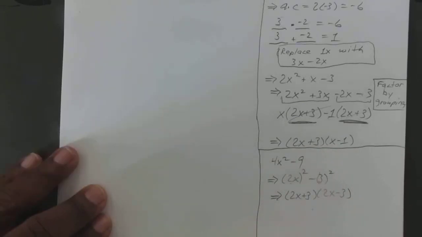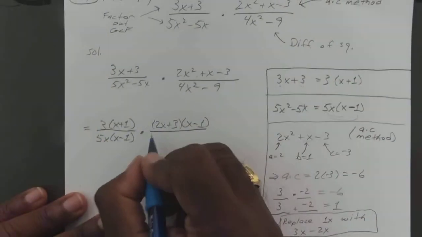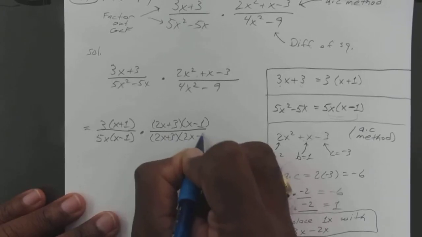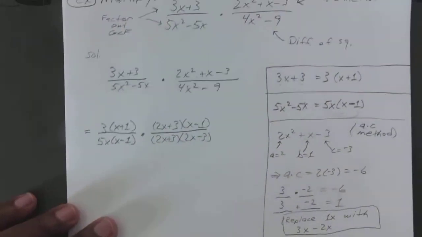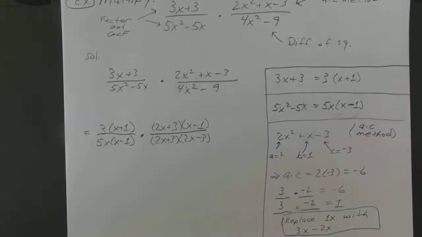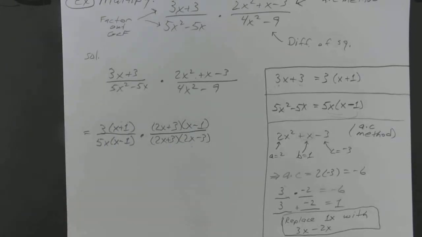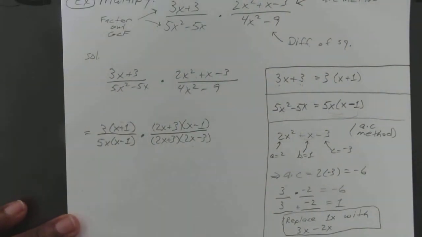So that means you can replace your 4x squared minus 9 with 2x plus 3 times 2x minus 3. Now, if you wanted to, you could cancel the numerator and denominators from here, but I just like to have them as one neat little fraction.